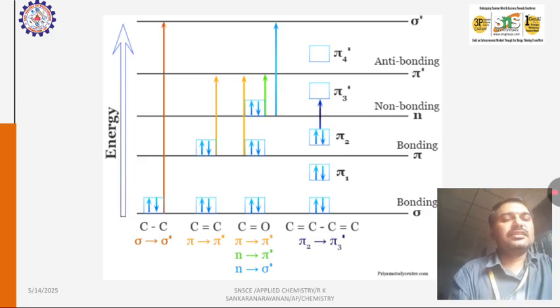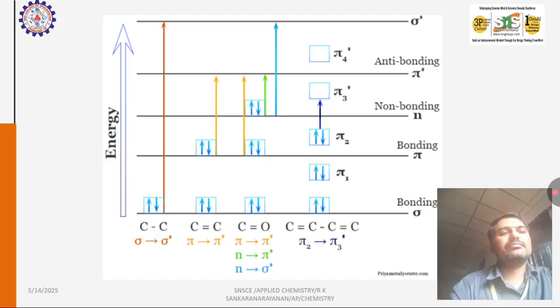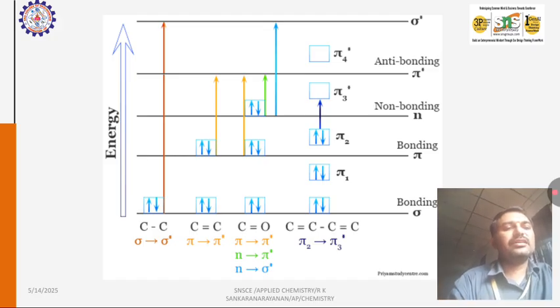Similarly C double bond O follows the same concept. In some cases, because the lone pairs are completely filled, the electron moves to non-bonding. These are the ways we can explain the chemical structure and energy levels of the UV visible spectrophotometer.